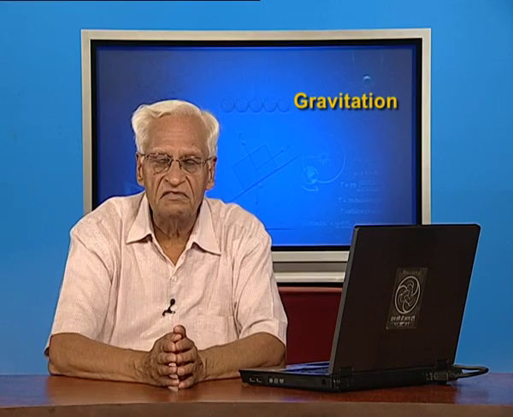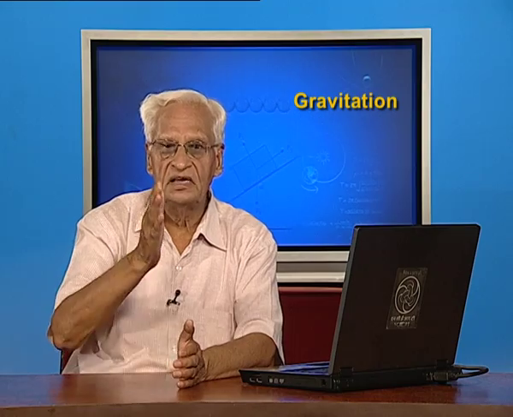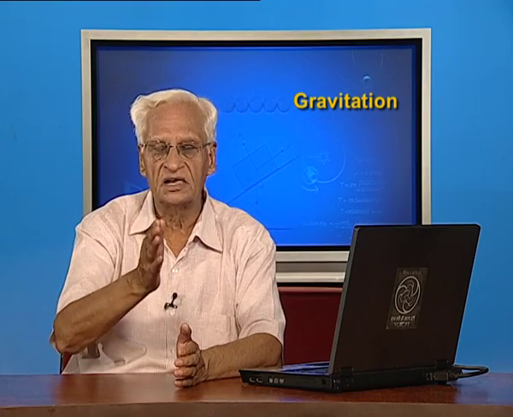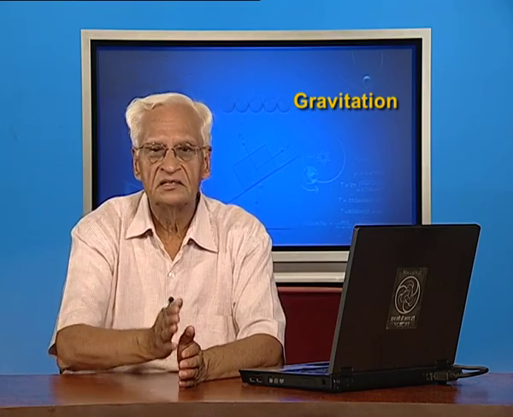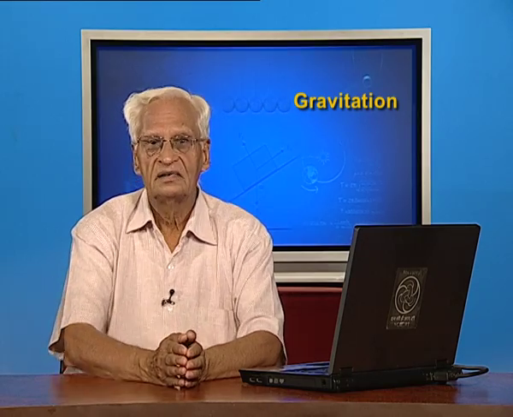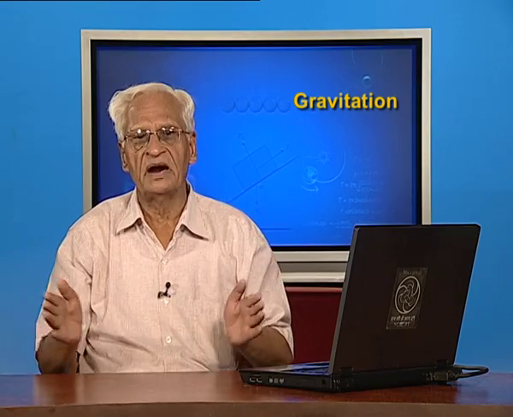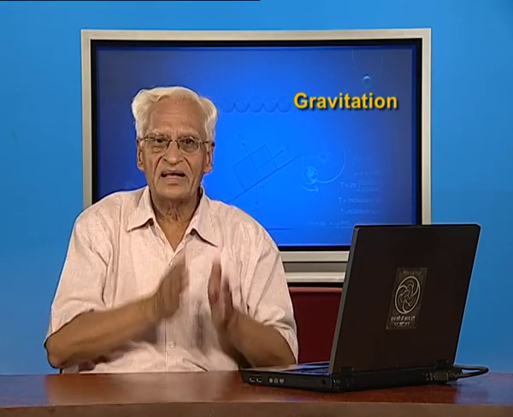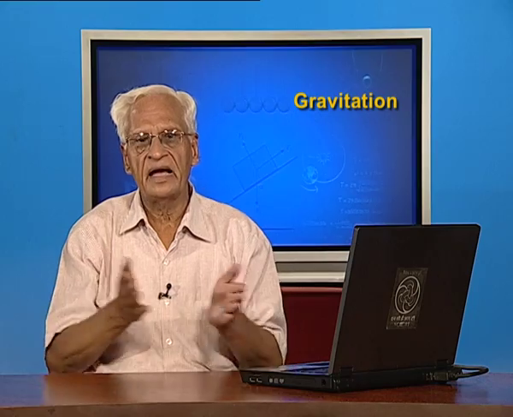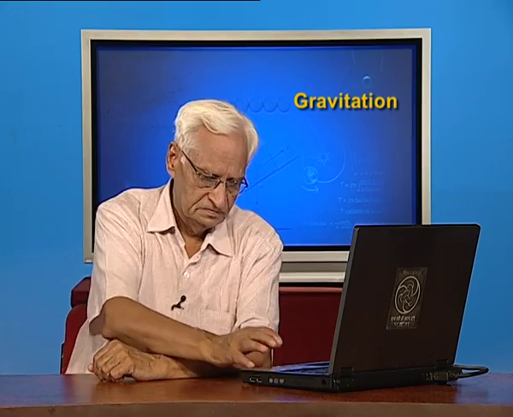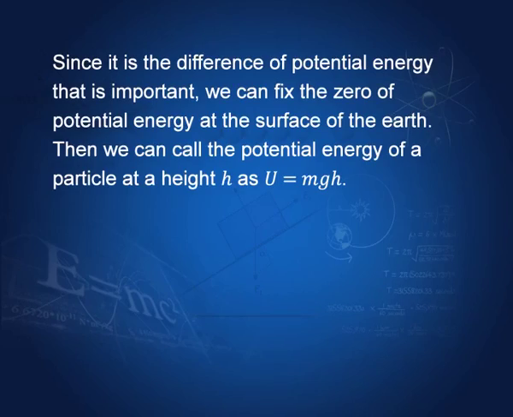That means, effectively we have put the gravitational potential energy of the mass to be 0 at the surface of the earth. Remember that since it is the difference in the potential energy that matters, we can take the 0 of energy at any place we find convenient. So, we can fix the 0 of potential energy at the surface of the earth.